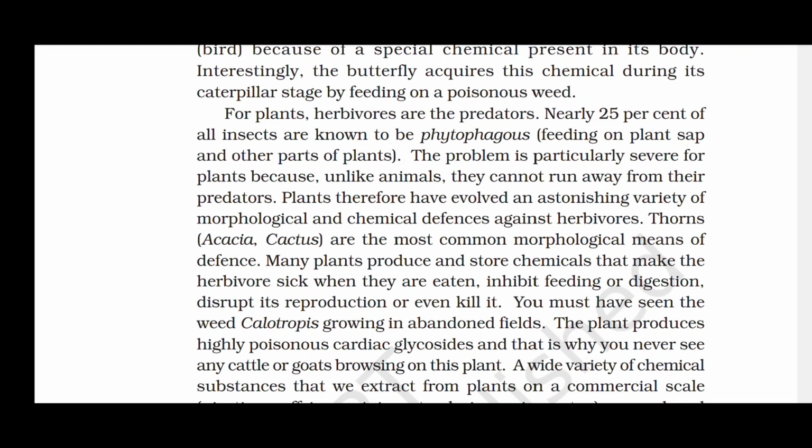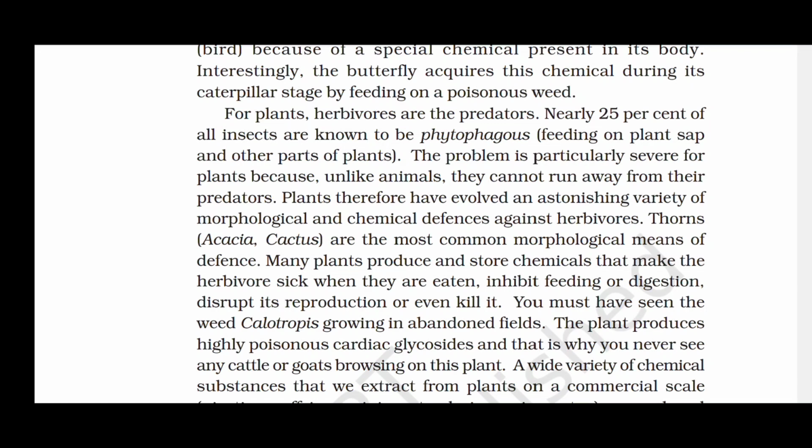Many plants produce and store chemicals that make the herbivore sick when they are eaten, inhibit feeding or digestion, disrupt its reproduction, or even kill it. You must have seen the weed Calotropis growing in an abandoned field. The plant produces highly poisonous cardiac glycosides, and that is why you never see any cattle or goats browsing on this plant.